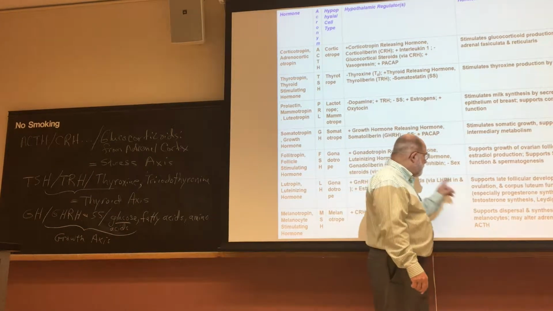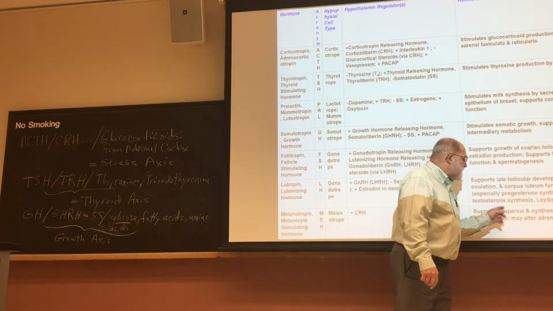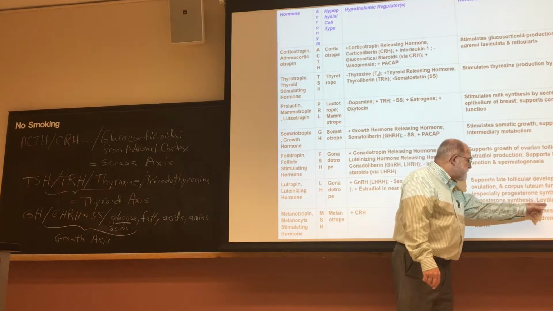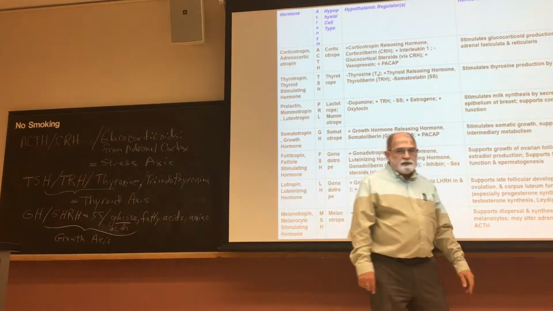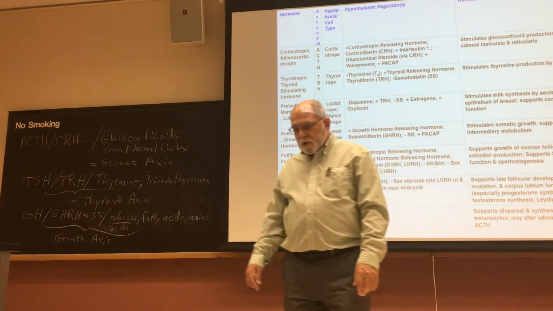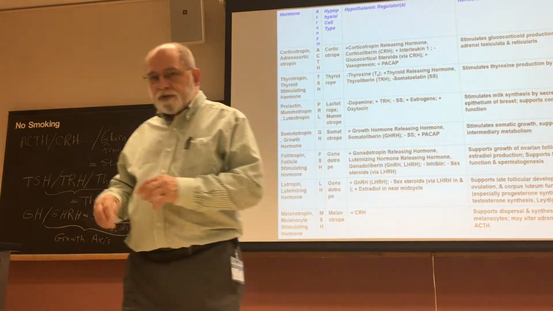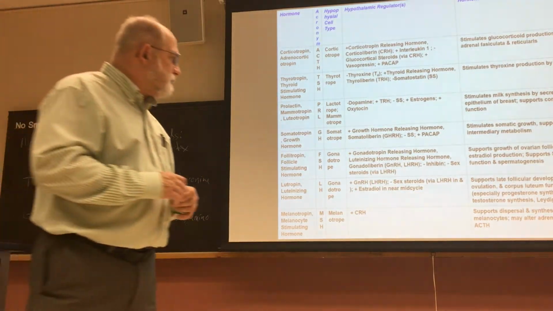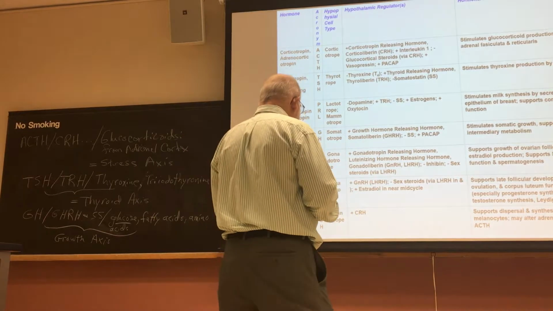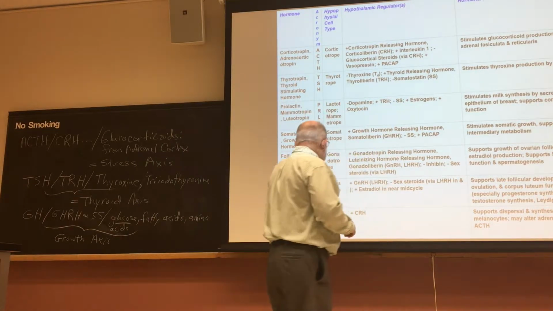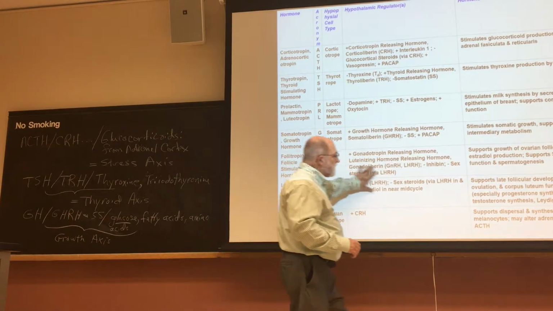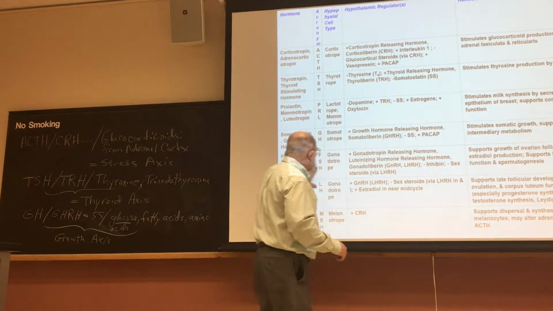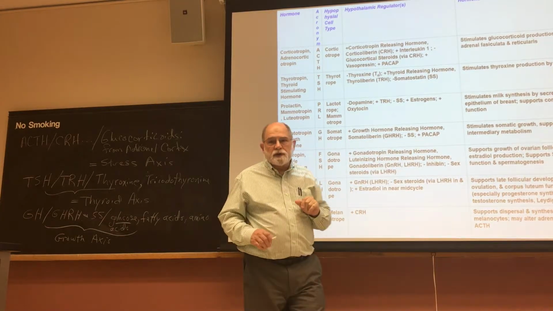In the male, LH supports testosterone synthesis in a cell called a Leydig cell, which lies outside the structures that are involved in sperm production. In the testis, but outside the sperm production area. So these are all involved in reproduction.